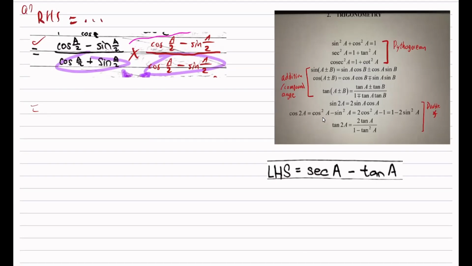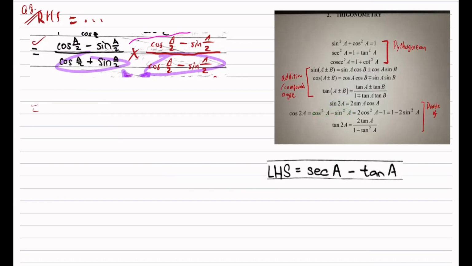Now, the trick here is that if you see cosine A over 2, sine A over 2, you see angle A, you realize you need to use double angle identity. So you either use sine 2A or you use cosine 2A. So there are 4 formulas for you to use. Maybe it can still work if you use sine 2A, but one possible route is to realize that this one seems to work: cosine square A minus sine square A. What happens if you factorize it?